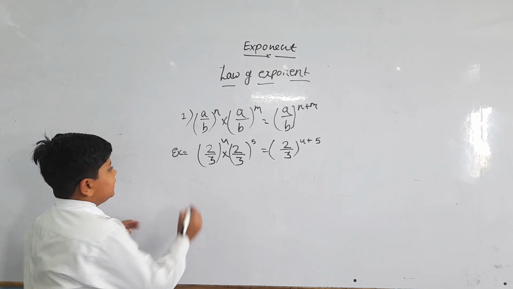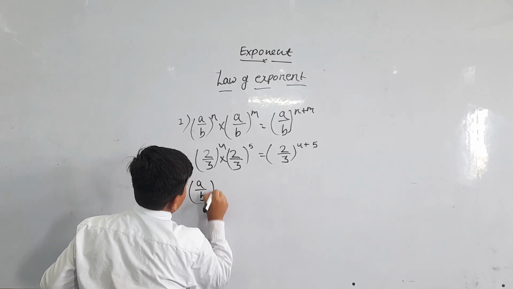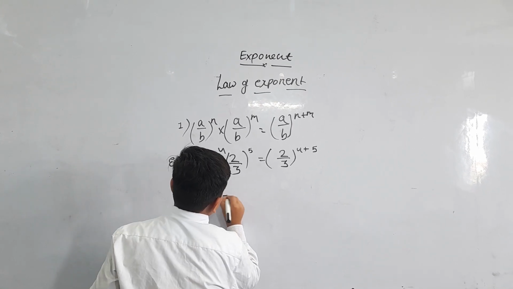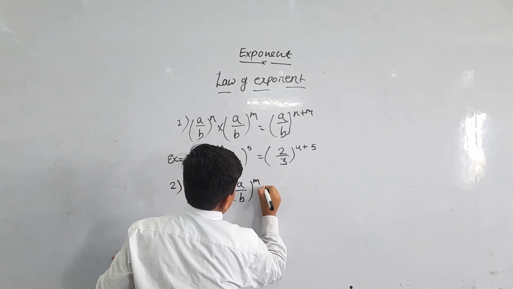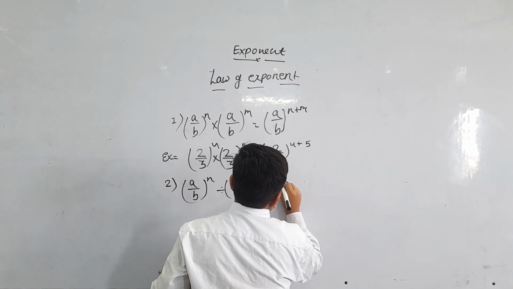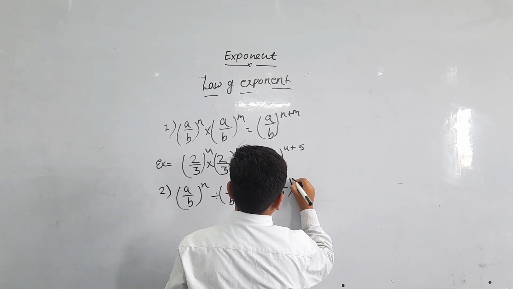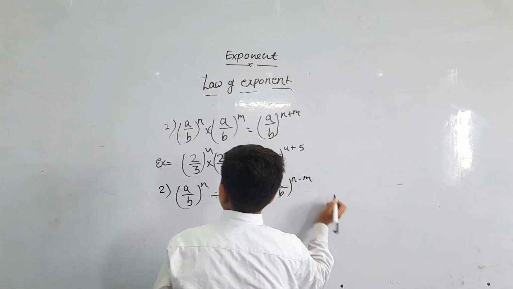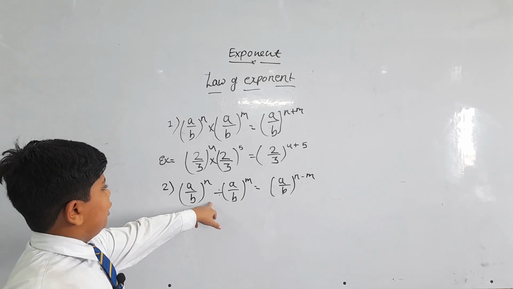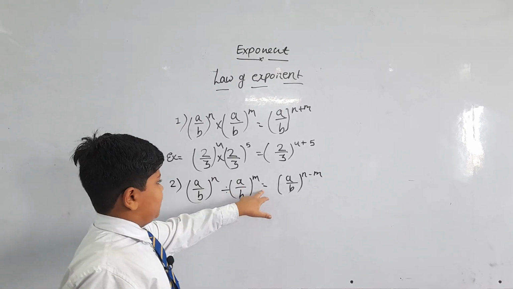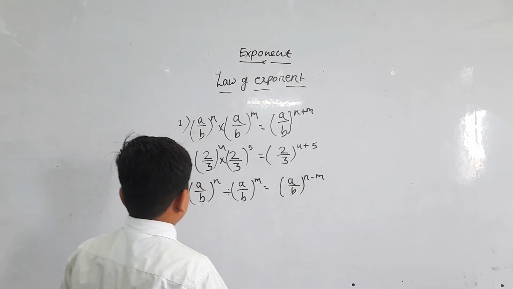And second, we see that when the base is the same, the sign is divide and the power is different, we keep the base common and the powers are subtracted.